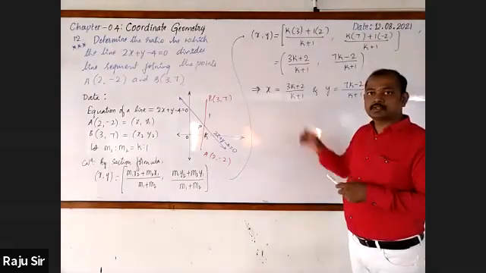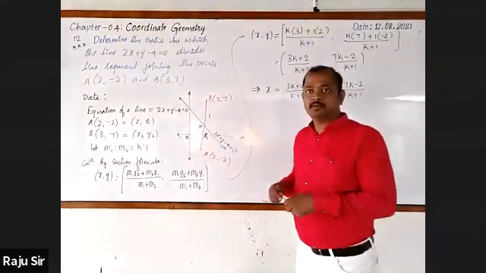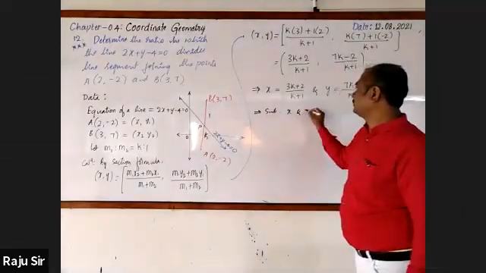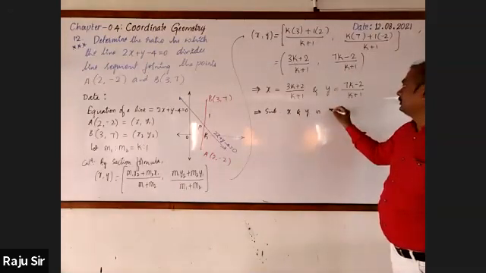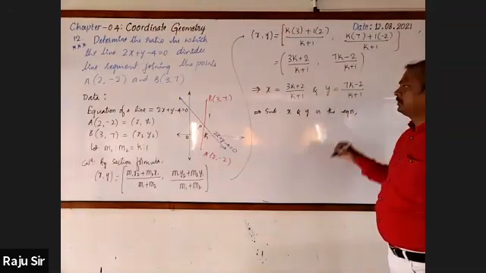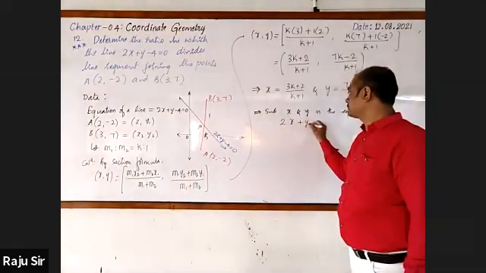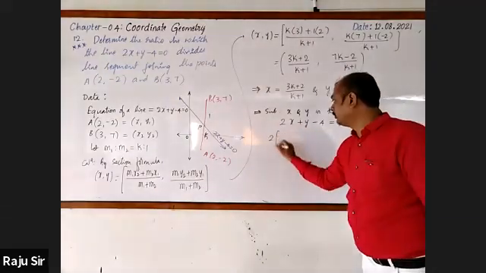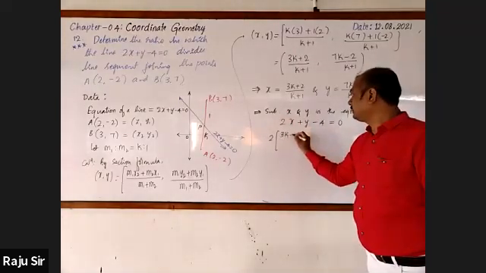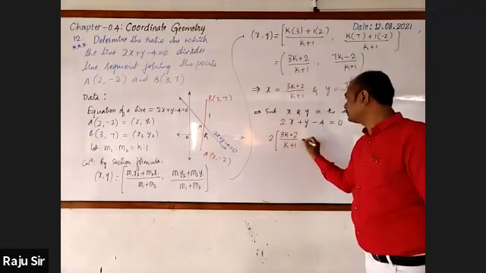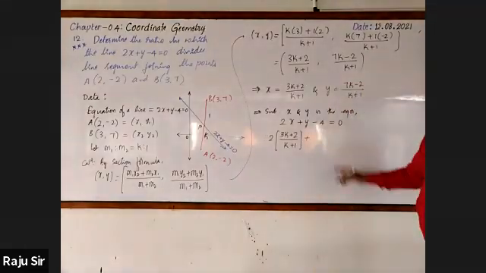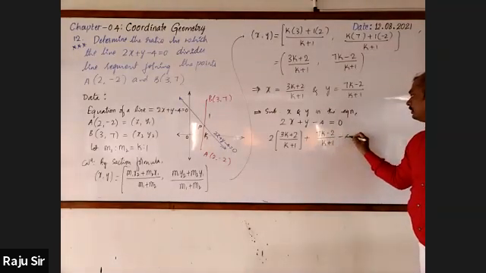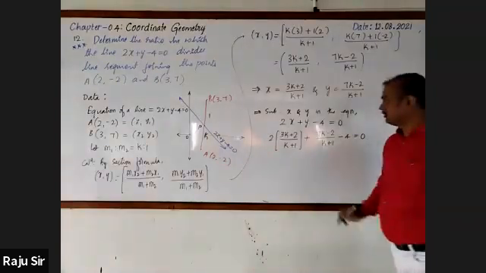Now we are going to substitute both x and y in the equation 2x plus y minus 4 equal to 0. 2 into 3k plus 2 by k plus 1, plus 7k minus 2 by k plus 1, then minus 4 equal to 0. You get it?